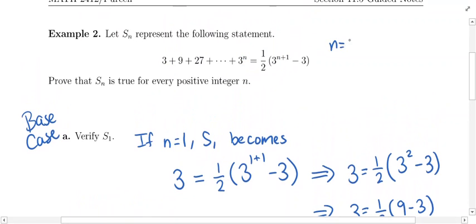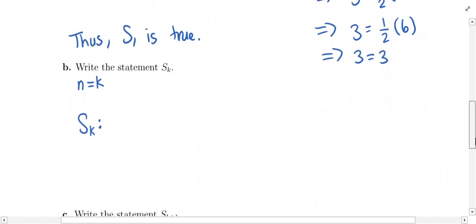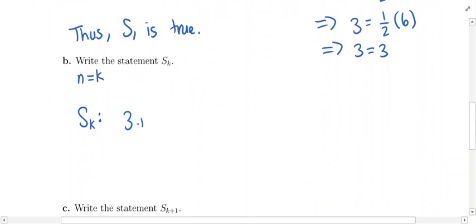So I'm going to replace every instance of n with k. Like I said, just go here, scratch out the n, and replace it with k. Okay, so the left side is going to be 3 plus 9 plus 27 plus all the way to 3 to the k. We're adding all the way to 3 to the kth power.